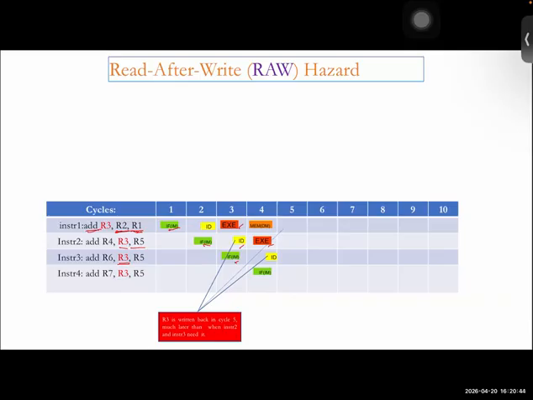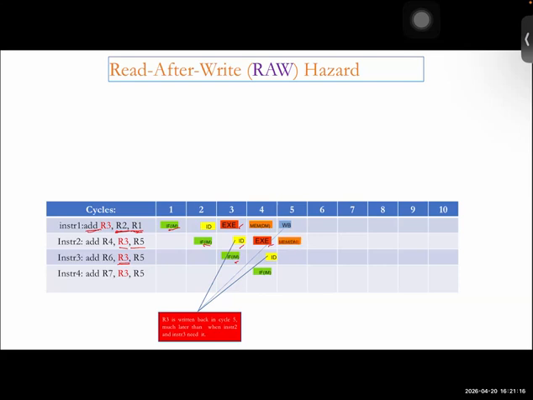So their output will be wrong, because the result is written into R3 at the write back stage, in the first half of the fifth cycle. Before that, any instruction trying to read the value will get wrong values. That means in these instructions, 2 and 3 will get wrong values.